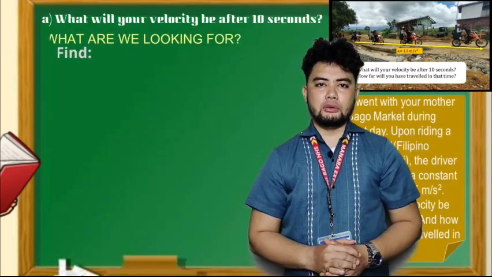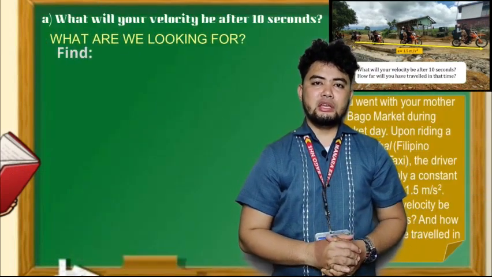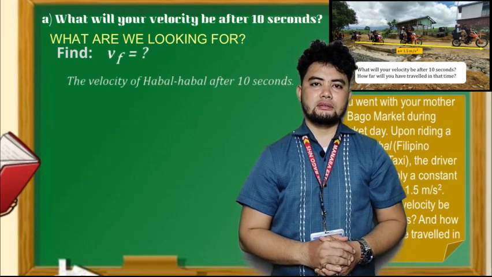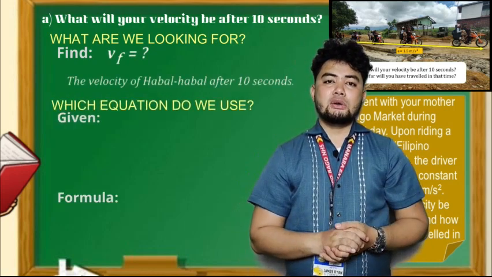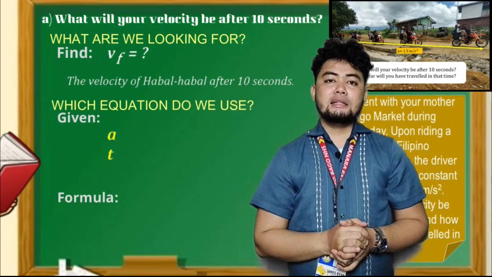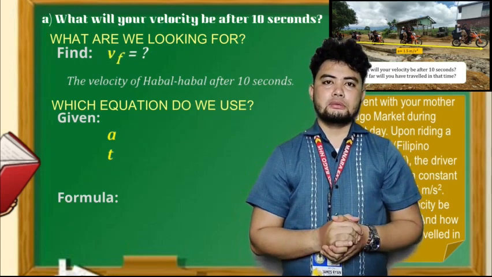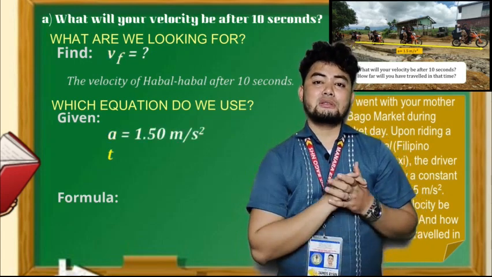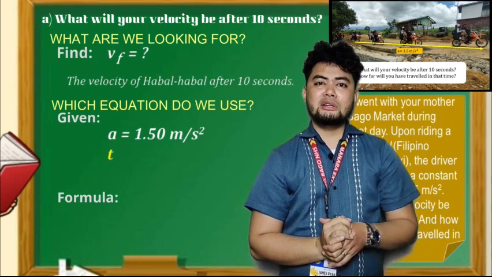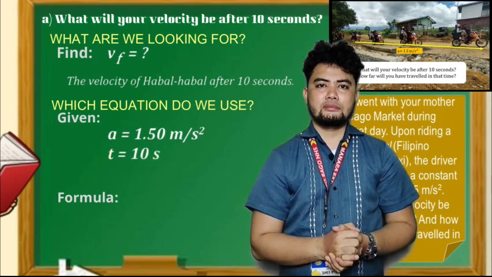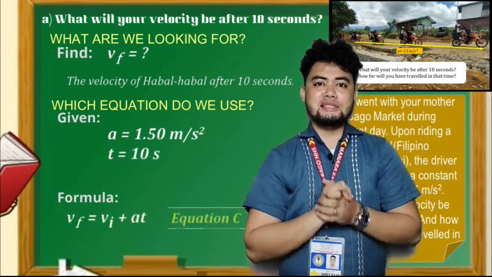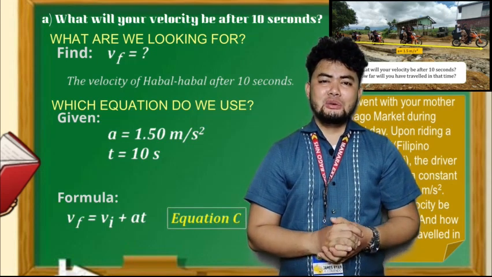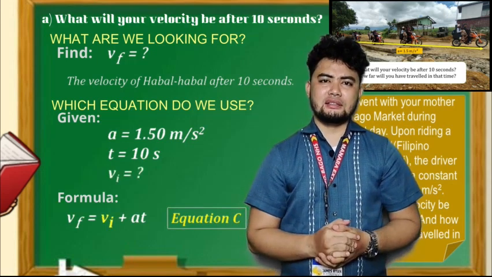What are we looking for? We are looking for the final velocity. Which equation has all the quantities we know and the quantity we want to know? We know acceleration, and we are given a specific time. So it must be equation C. But what is the initial velocity?